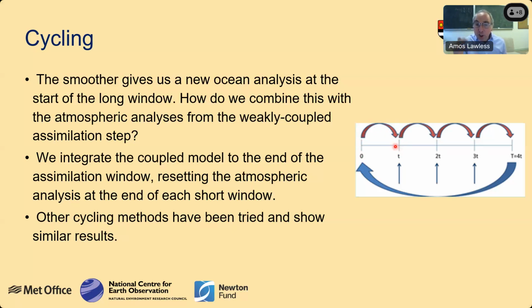And so that ensures that we're making use of the atmosphere observations and information we used in the short window cycles. And so we reset the atmosphere states, and then once we get to the end, we run and do the next cycle. We have tried other cycling methods and they do show similar results. I don't have time to discuss them now.